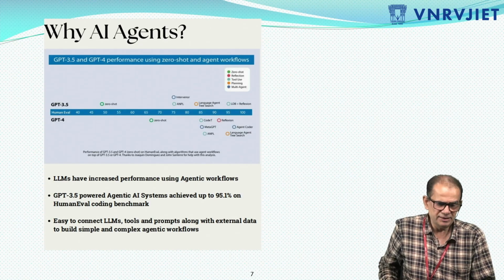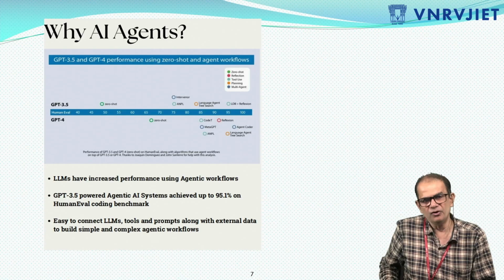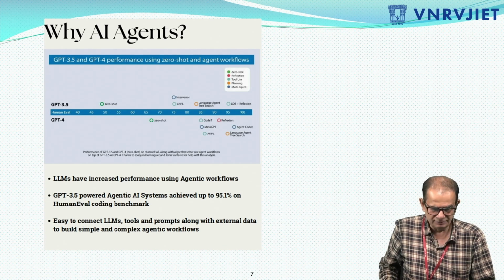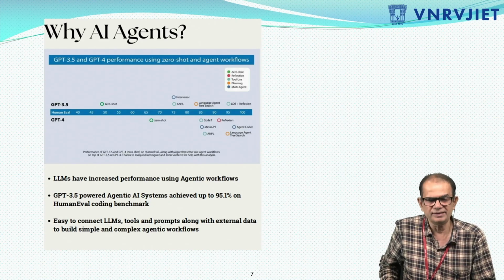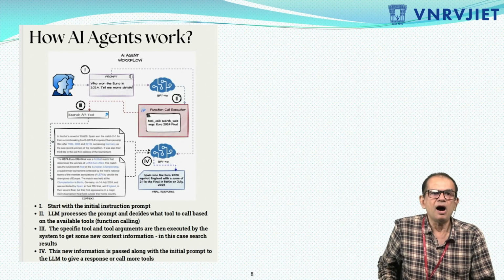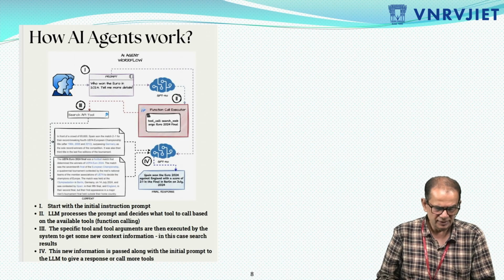Take for example GPT 3.5, GPT 4, now GPT 5, the latest one. And what we have in agentic systems is that we achieve up to 95% accuracy in resolving each of the issues, and that is the beauty of using agentic AI.